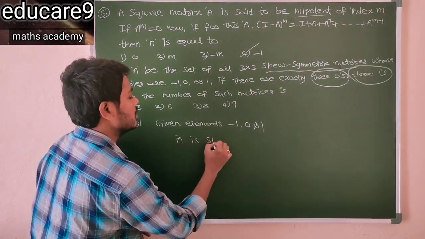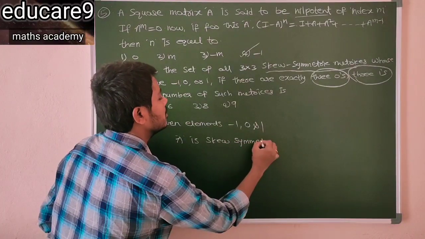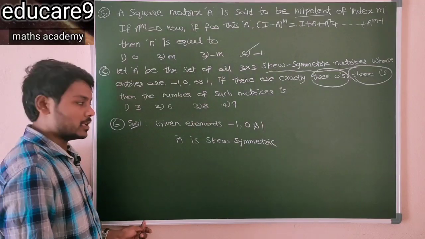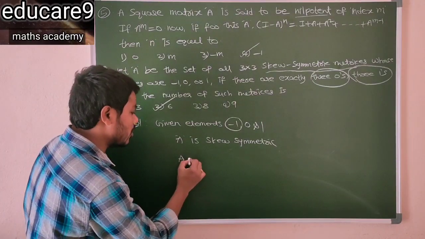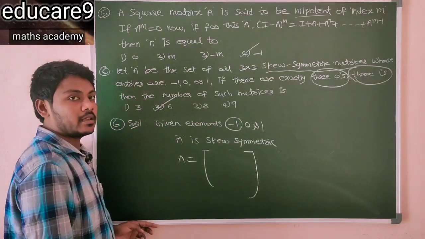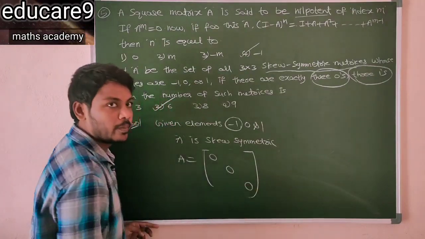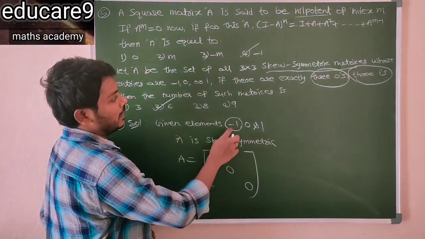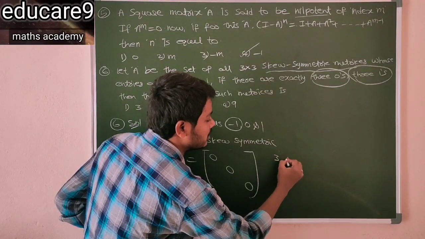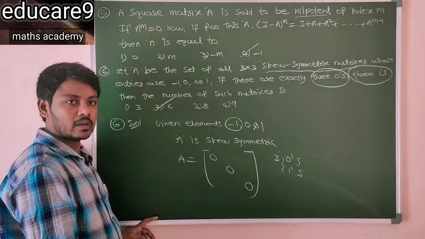So A transpose is equal to minus A. So here A is equal to this, which is skew symmetric. In skew symmetric, the diagonal elements are always 0. And also given this matrix contains exactly 3 zeros, 3 ones. Okay.